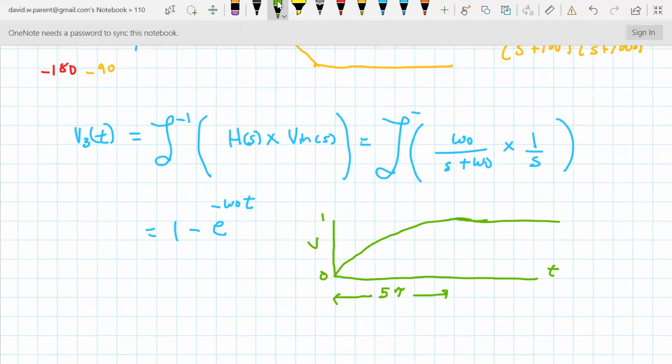In this case, what is tau? Well, remember, omega naught equals 1 over RC equals 1 over tau, right? So 5 tau will equal 5 RC. So you just take the value of the resistance times the capacitance, multiply it by 5, and just draw that out, right? And this is in seconds. And that would be that whole problem.